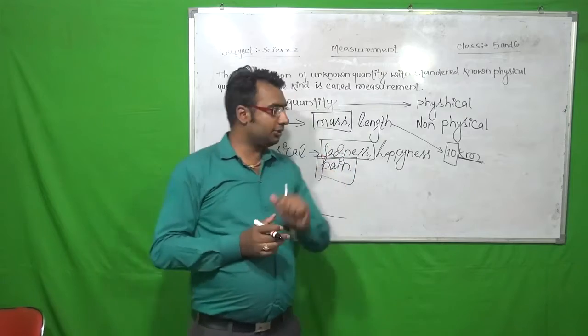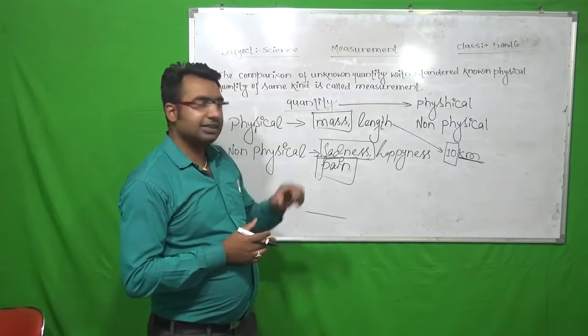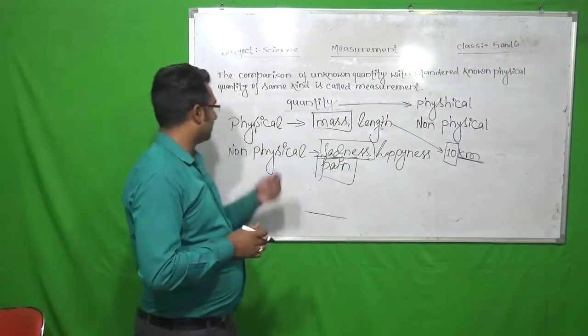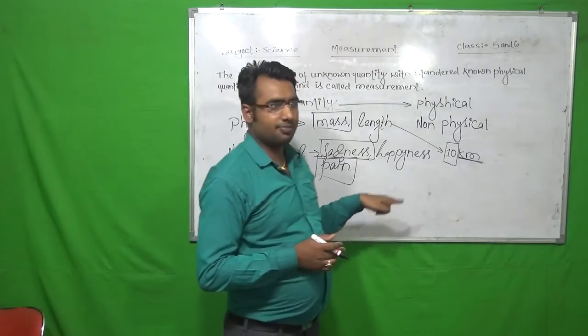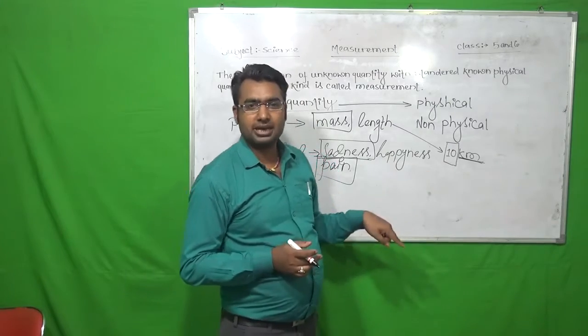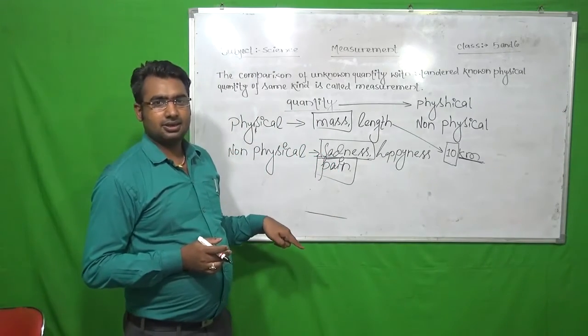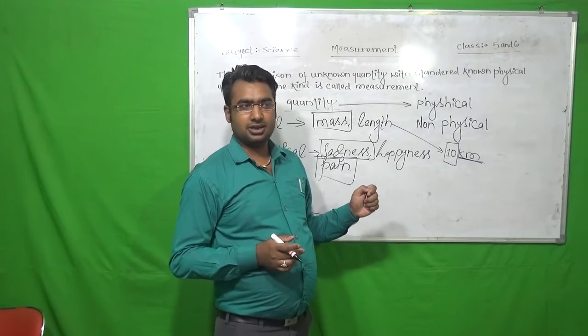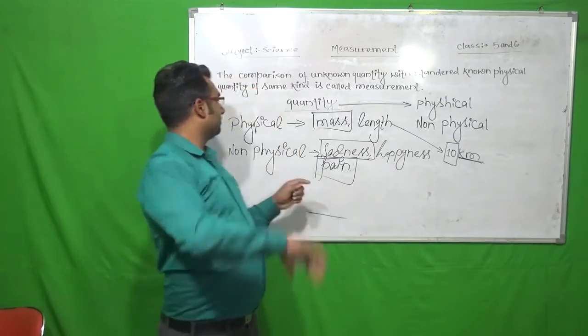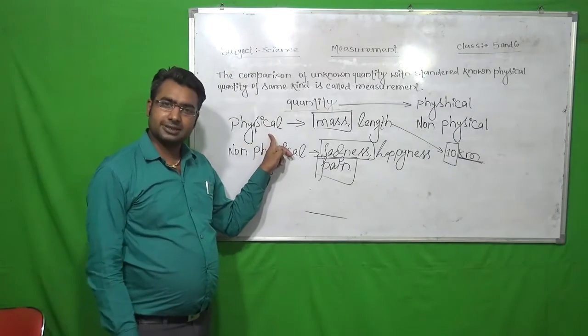So in conclusion we can say that the physical quantity is that which can be measured by using any instrument, any device, or if it has any type of formula to calculate or be expressed in number, they are called physical quantity.